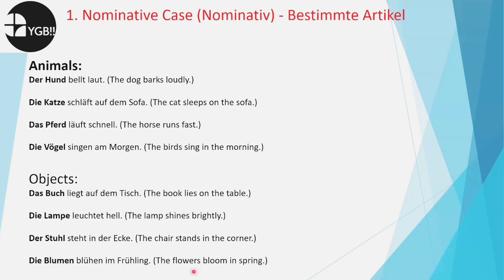The flowers bloom in spring. So just focus on the article for now, but parallelly, if you wish to know the meanings, see, because building a strong vocabulary is very important to speak a good language. So you can slowly focus on the meanings of each word. That is why we have given the English translation here as well.